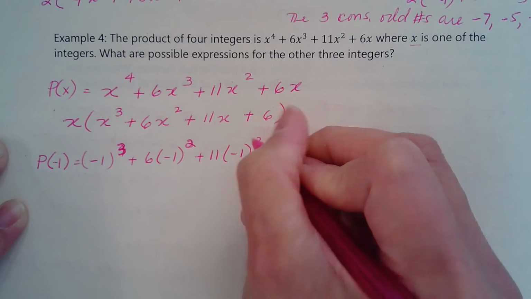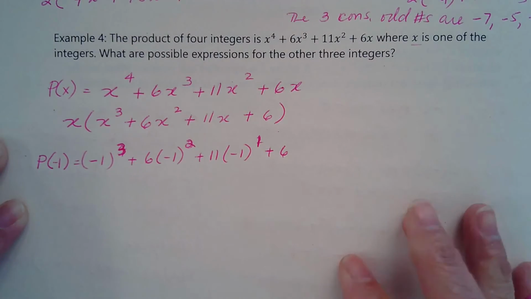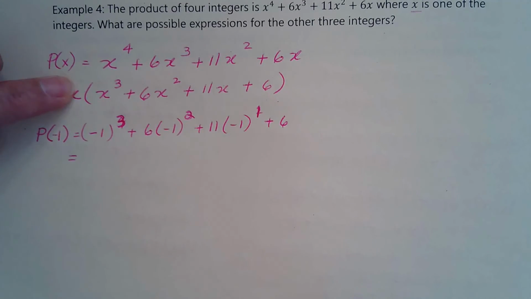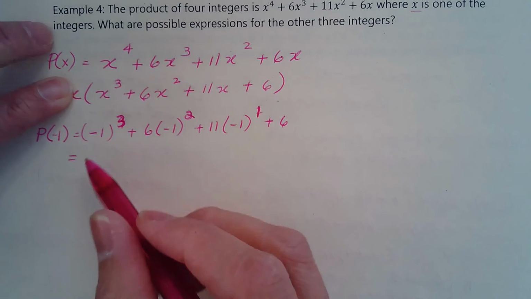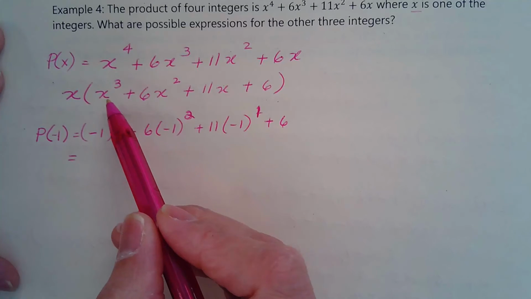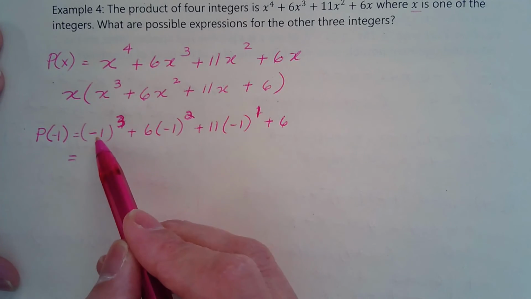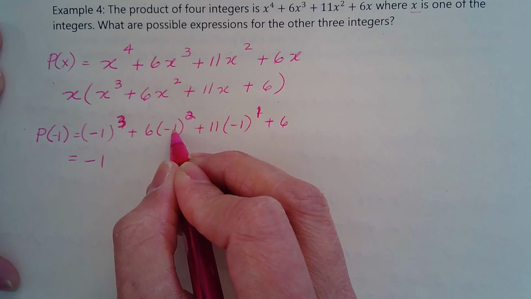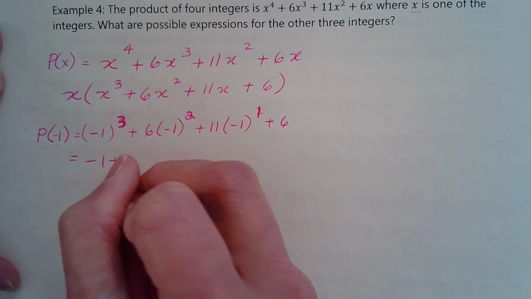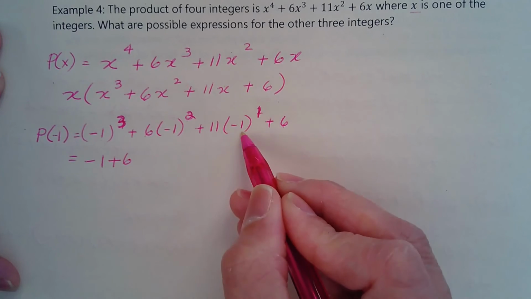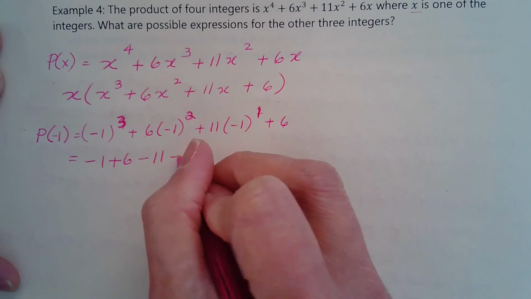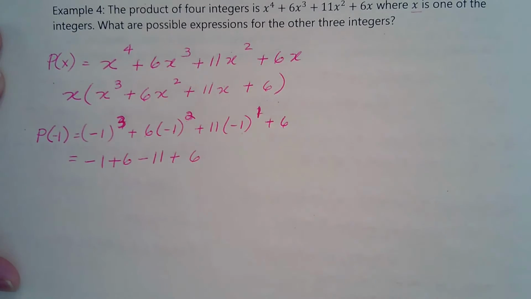I don't have to worry about the big exponents, because I already know x is a factor. So that would be negative 1 cubed, which is negative 1. Then plus 6 times negative 1 squared, which is plus 6. Then negative 11, and then plus 6.